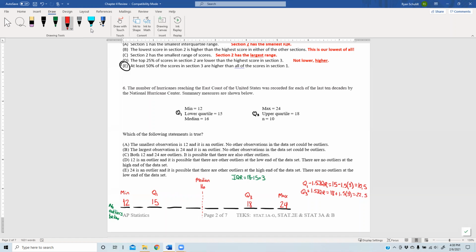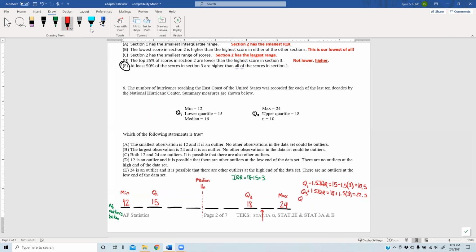So somewhere in here, yes, there is an outlier because 22.5, let's just say it's right there. I don't know where, but we could have an outlier.